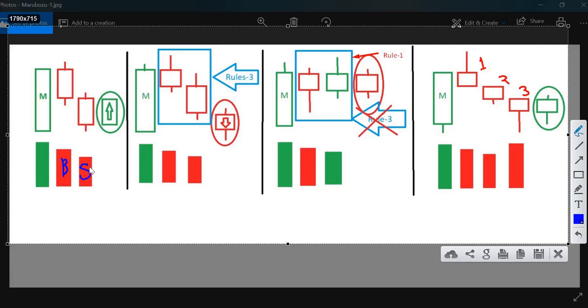If this volume is weak, sellers are weak here, so the next candle will be green. If this volume is high, sellers are strong here, so the next candle will be red.